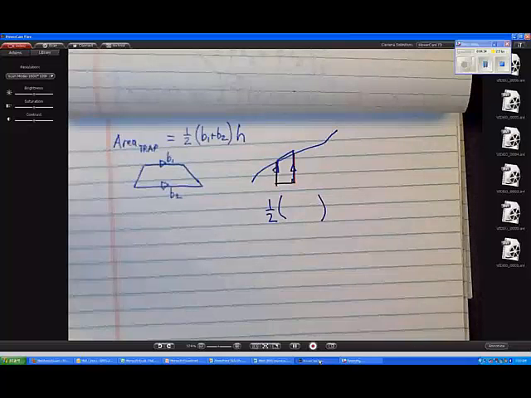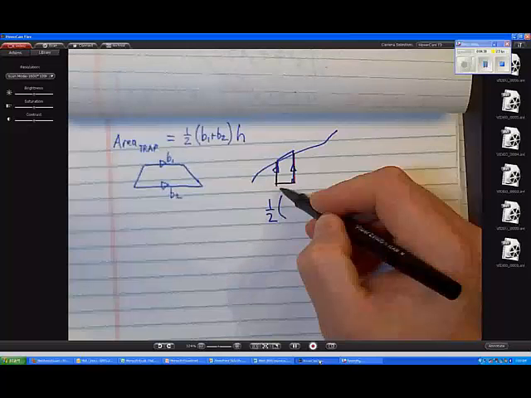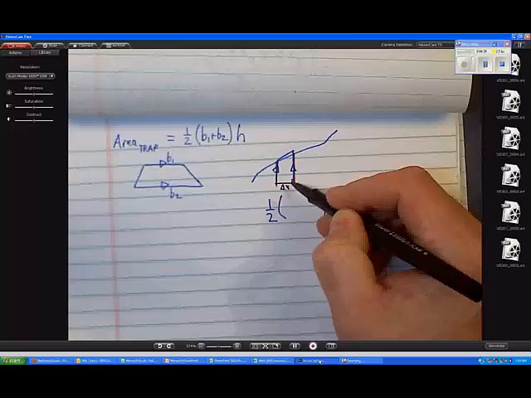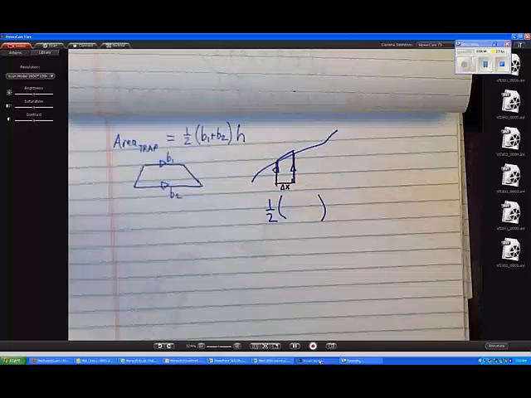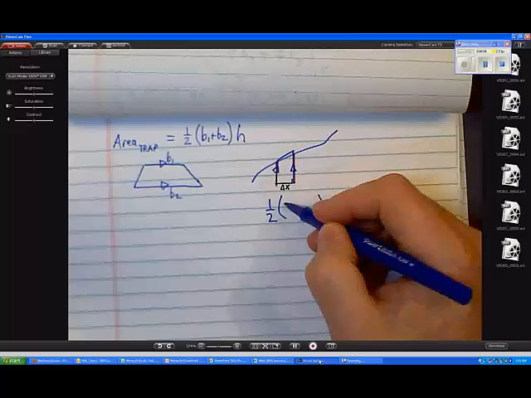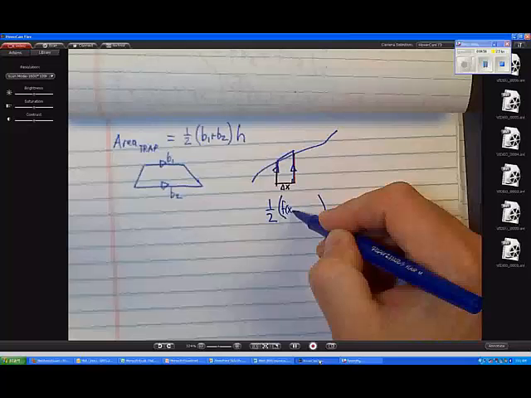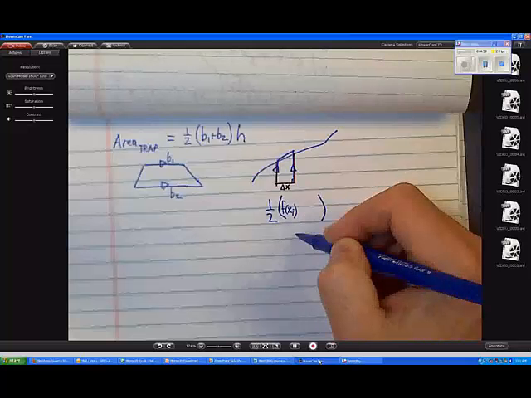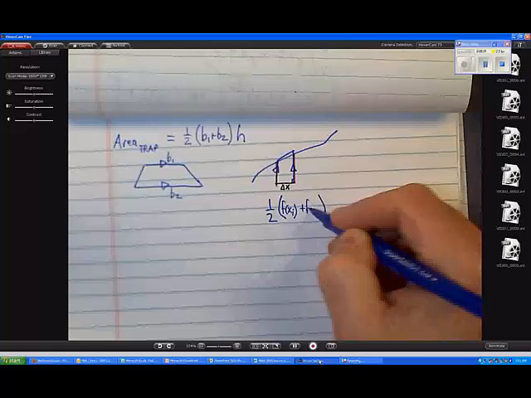Now, do you know what the height is for this trapezoid? The height is this black segment because it's turned sideways, right? The bases are, you with me? Okay. So it's like the bases are f of x sub i plus f of, I don't know, I'll call it x sub i plus one.